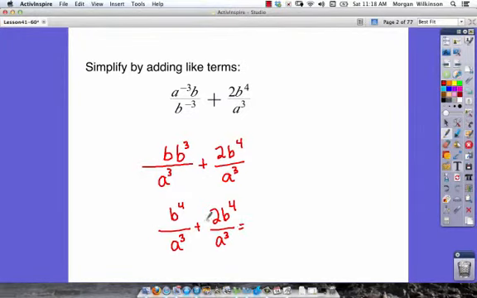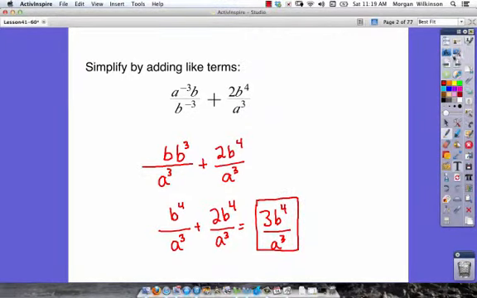Now if we look at how many b to the fourth, a to the thirds we have, well, we have 2 right here. And then b to the fourth, a to the third, we can see we have 1 right here. So we must have a total of 3 b to the fourths over a to the third. And we can go ahead and leave our answer just like that. We've completed the problem. We've simplified by adding like terms.